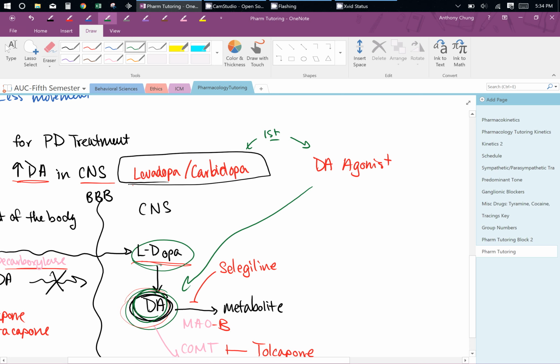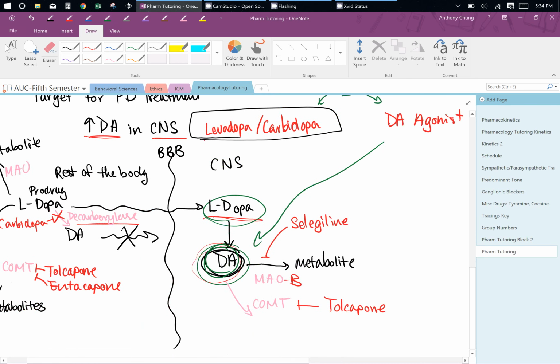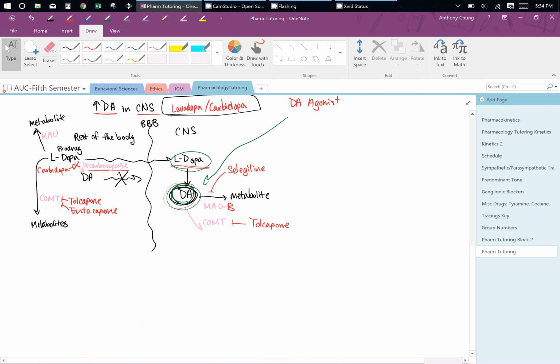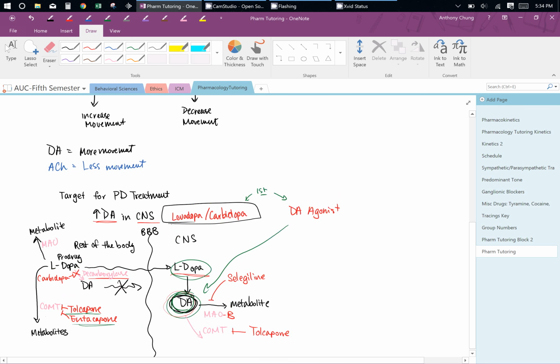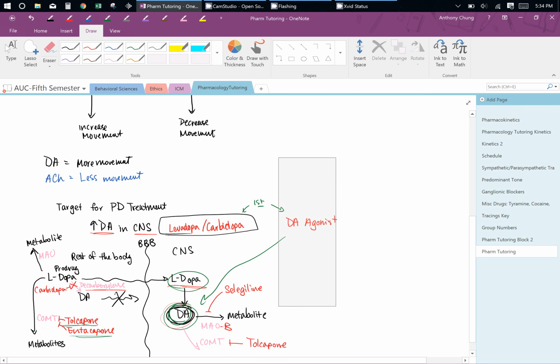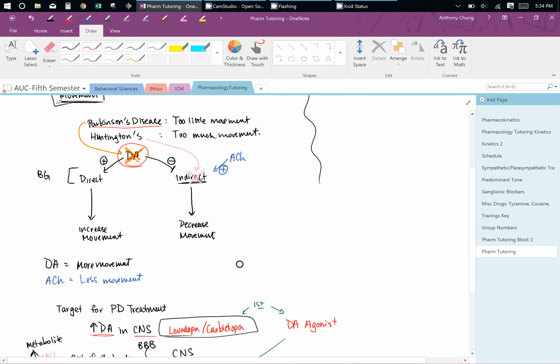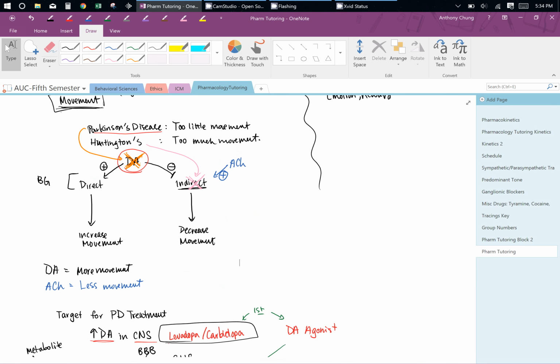And if that doesn't work, you can try things that will inhibit the breakdown of dopamine. So then you can add something like tolcapone or entacapone, right? And now if that's still not working, you can also try this one that we mentioned up here. I'm just going to scroll up to this part. Remember we talked about acetylcholine, how that would decrease movement.